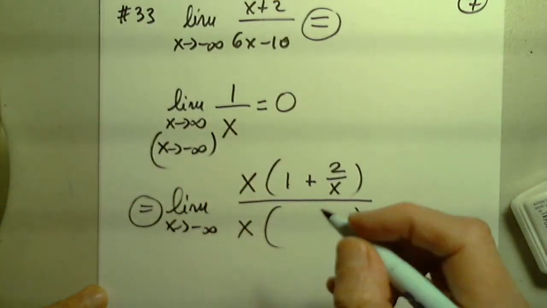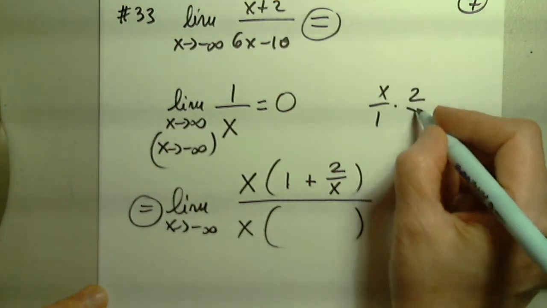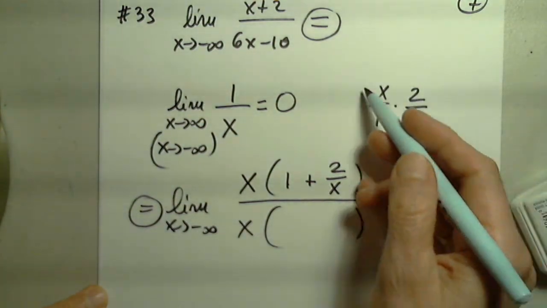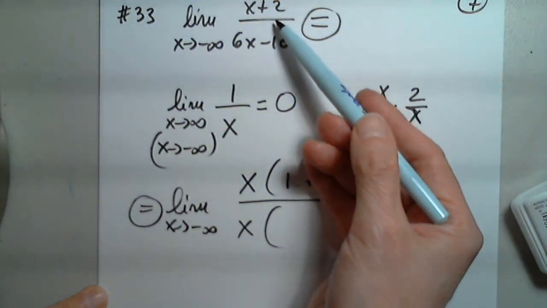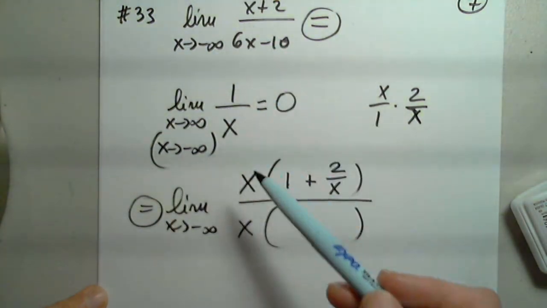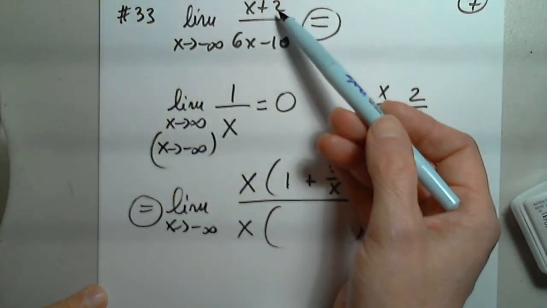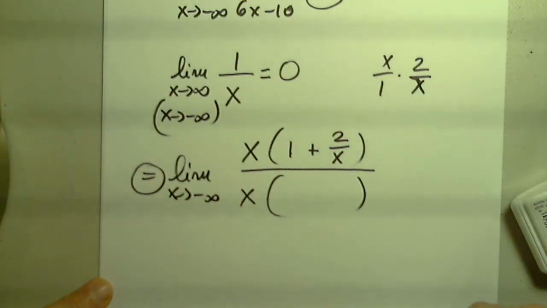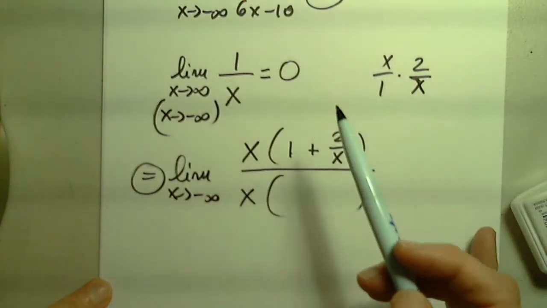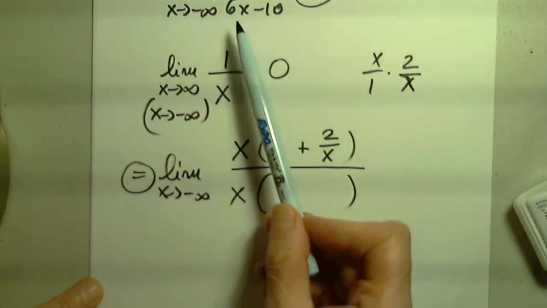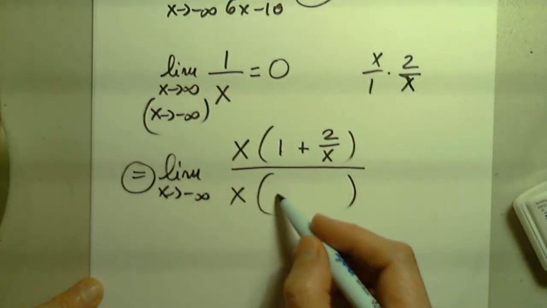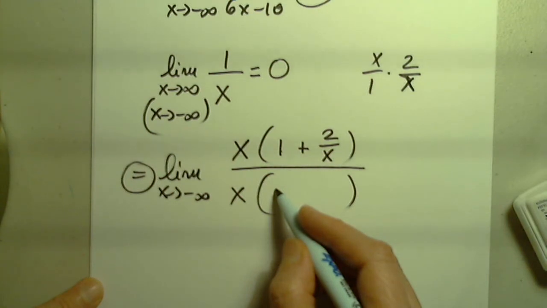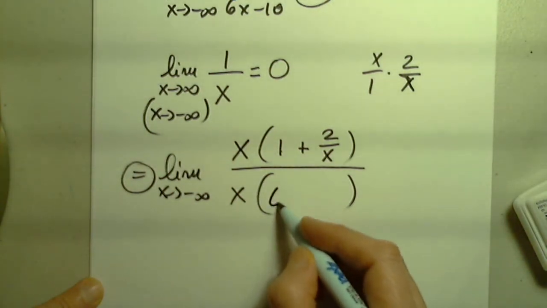Because x over 1 times 2 over x, these two go away and I get my 2. So x times 1 is this, and x times 2 over x is 2. Can anyone tell us what to write here when I take x by force out? Ryan? That'd be 6. Yes?